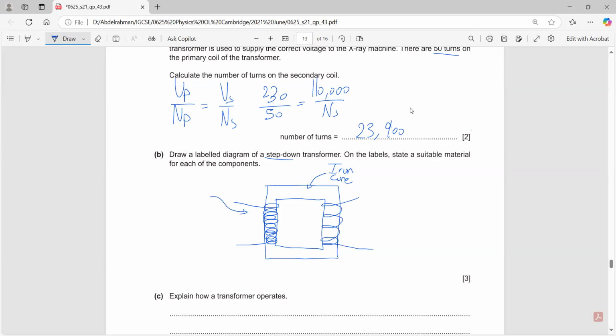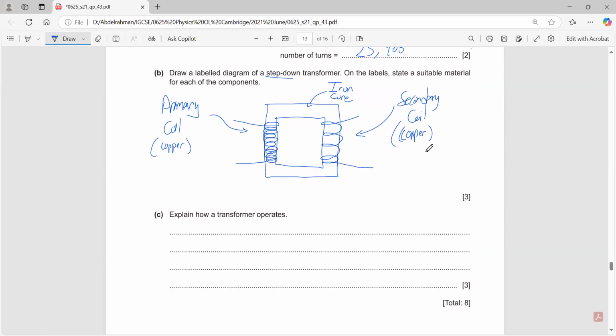This is the primary coil, and this is the secondary coil. Secondary coil made out of copper. So that's it. And you have more turns on the primary coil, which is quite obvious from this drawing.